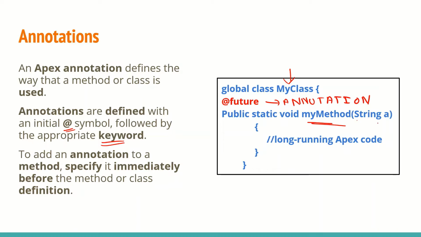We are passing string a. So now this particular method is annotated with @future, and it will work in that particular manner. Other logic will run in the future context, when the resources will be free, then that particular code will run or execute.